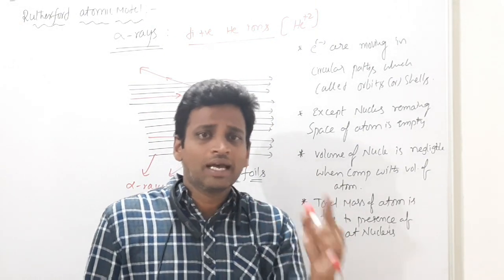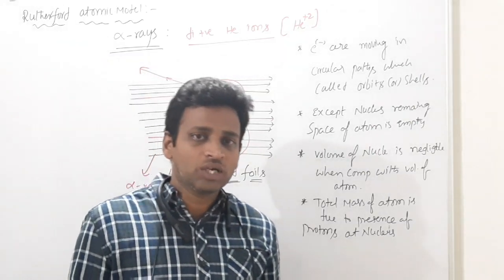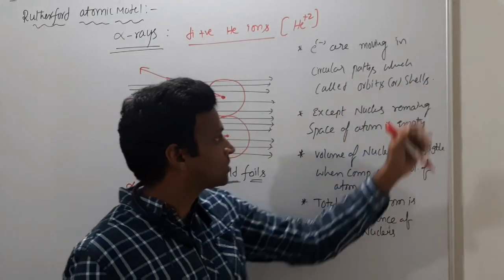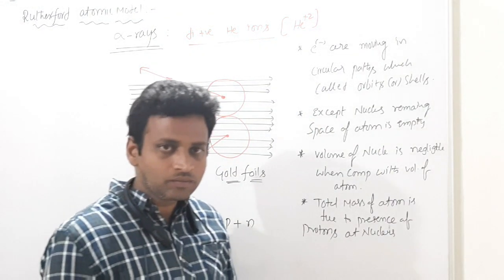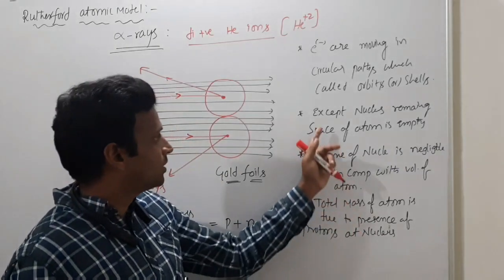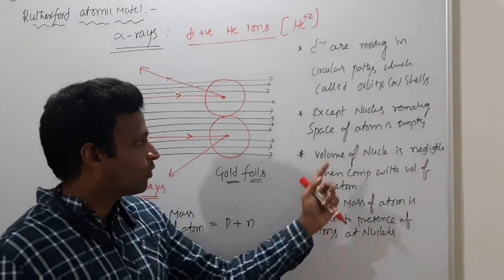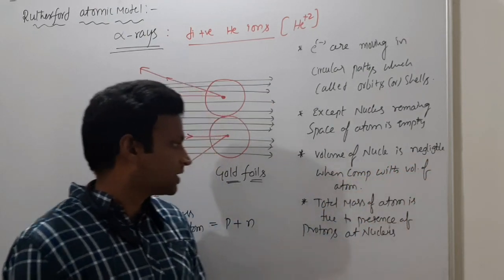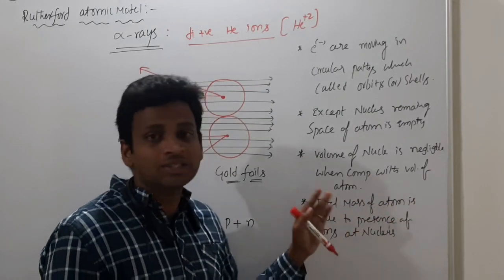Around the nucleus, electrons are revolving and they have negative charge, revolving in circular paths which we call orbits or shells. Got it? And except the nucleus, the remaining space of the atom is empty, he said. And the volume of the nucleus is negligible when compared with the volume of the atom. And the total mass of the atom is due to the presence of protons, he said.